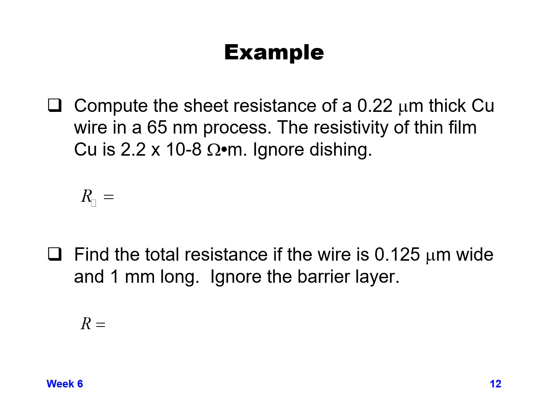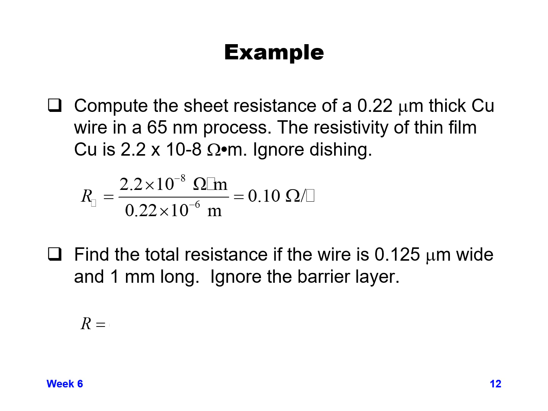Now, if we ignore dishing, such that the thickness is the same across the entire top of the copper wire, then we can calculate the resistivity in ohms per square as the resistivity of the thin film, 2.2 times 10 to the minus 8 ohm meters, divided by the thickness in meters of the copper wire.